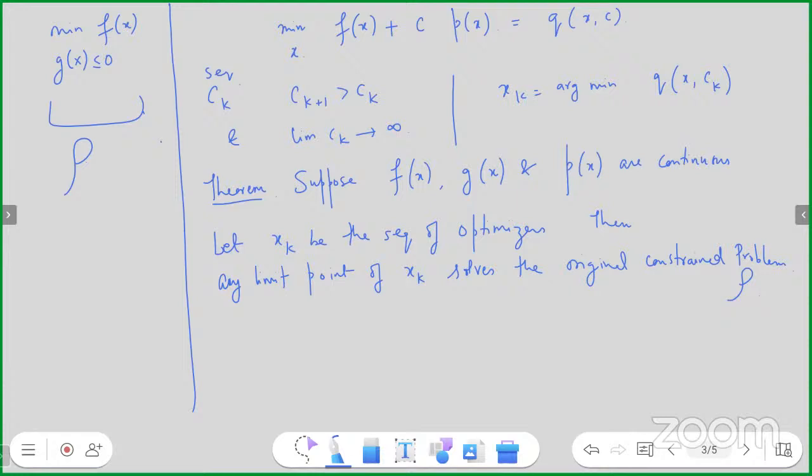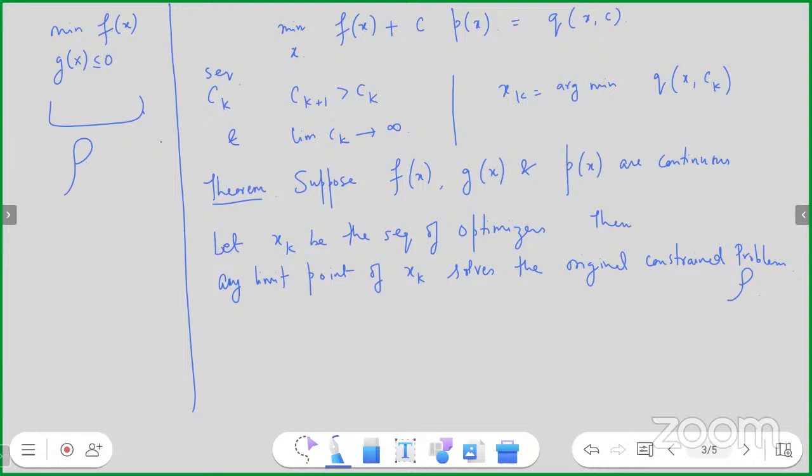What should the limit point do? Essentially, I want to show that the limit point is optimal, right? So what should I do to show that? I need two things, right?